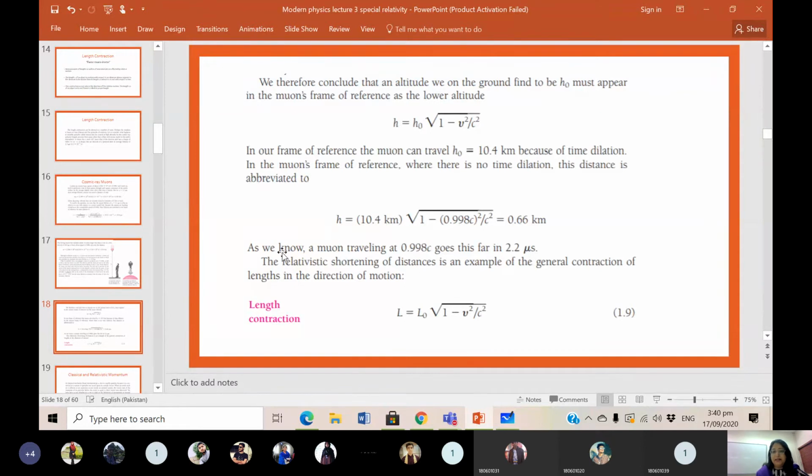distance. We said that 10.4 kilometers is the distance that we are observing, right?